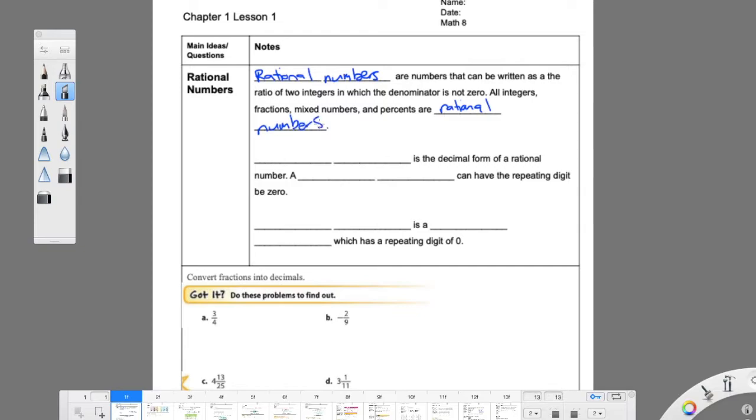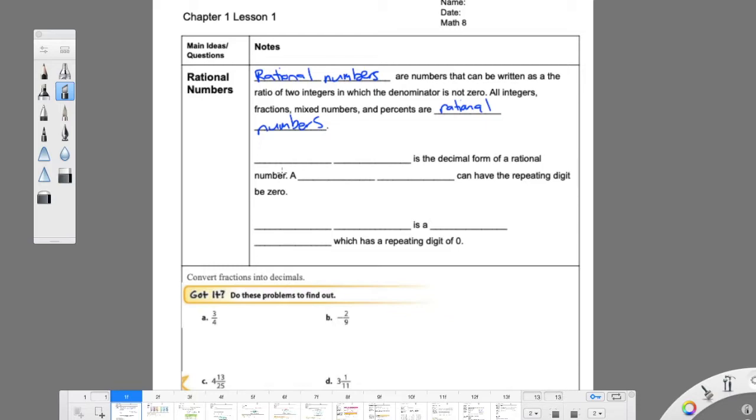Okay, so the next piece here, we have blank blank is the decimal form of a rational number. They're not giving us any hints on this one, so we would definitely need to know this one or have our textbooks open. If you don't have a textbook, you can get one from your teacher.